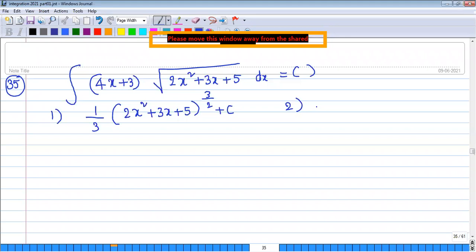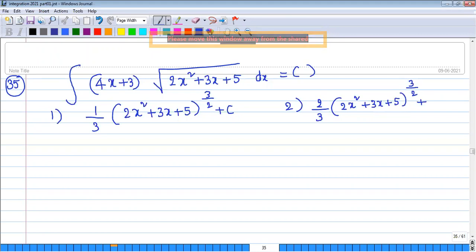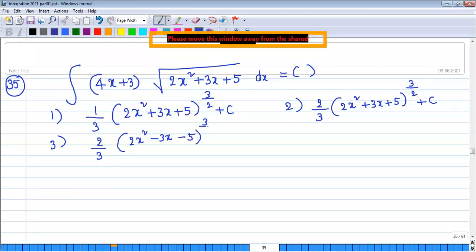Second one, 2 by 3, (2x square plus 3x plus 5) whole to the power of 3 by 2 plus c. Third one, 2 by 3, (2x square minus 3x minus 5) whole to the power of 3 by 2 plus c.